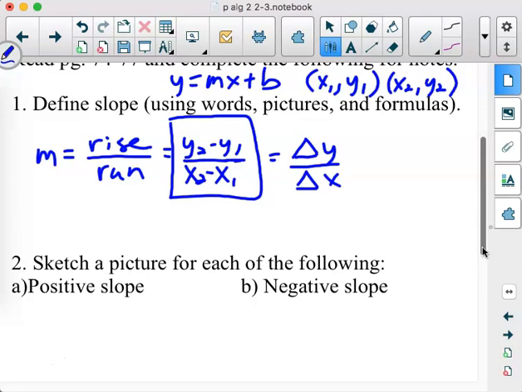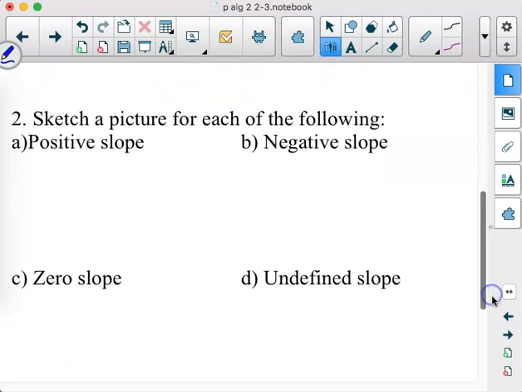Anybody need more time to write down the definition up there? Well, let's see. I'm going to need some Cartesian coordinate planes.